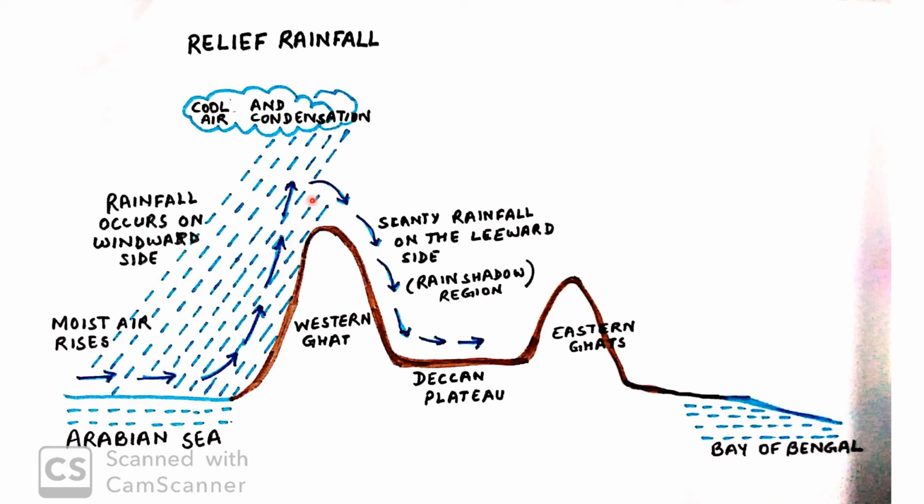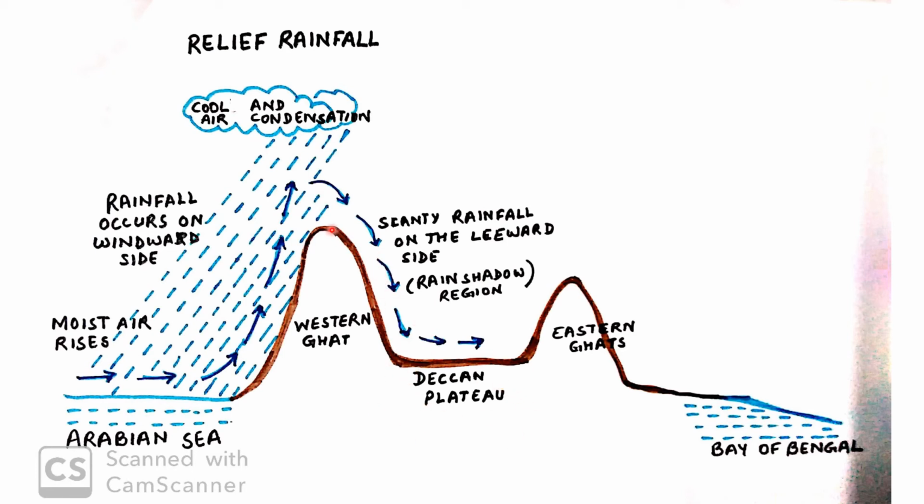Now, the winds have come to the other side and are coming down, therefore they experience high temperature. So its tendency to absorb moisture through evaporation will increase, but definitely no condensation will take place when it reaches the Deccan Plateau.